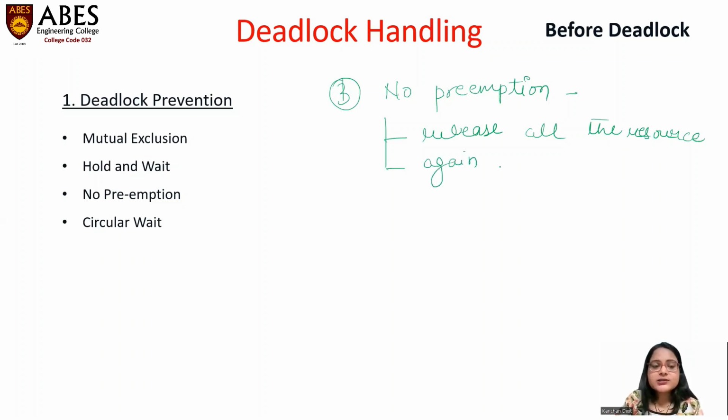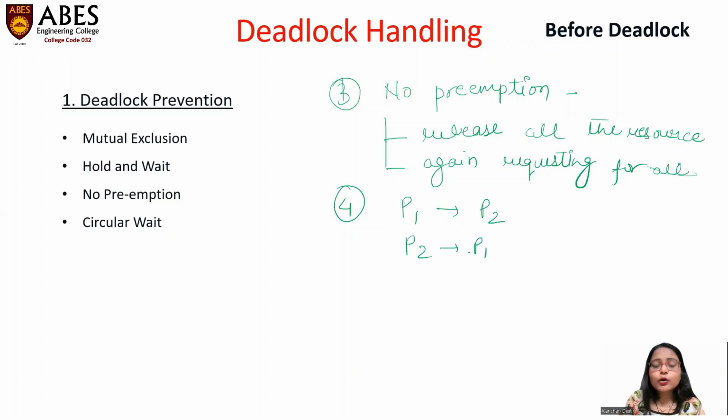Now, what is circular wait? In circular wait, if there are two processes, P1 is waiting for P2 and P2 is waiting for P1. P1 is waiting for P2 because P2 is holding resource R2, and P2 is waiting for P1 because P1 is holding R1, right?